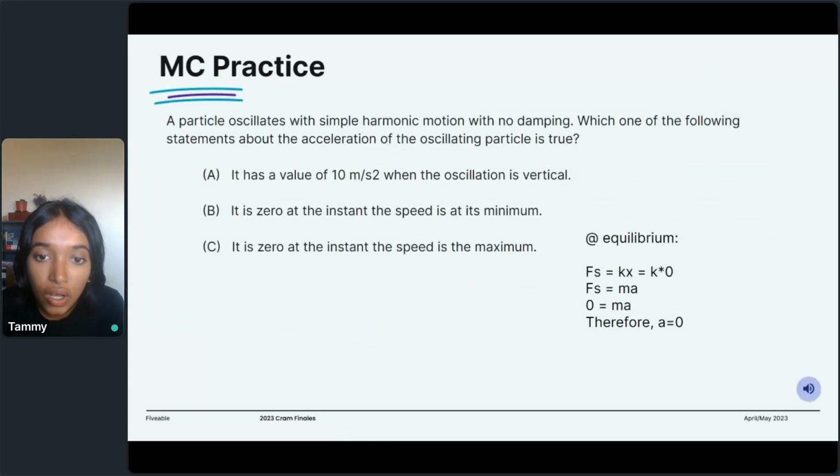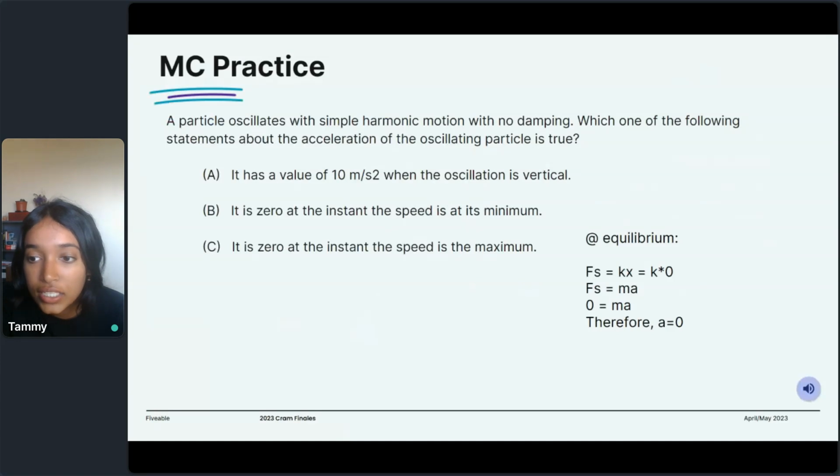And we can just use Hooke's law here, which is spring force is equal to K constant times X. We can equate our spring force to MA, because spring force is the only net force acting on our system here. And MA is equal to 0 at the maximum speed, or the spring force is equal to 0 at the instant when the speed is at the maximum. Therefore, we can say that acceleration is equal to 0.